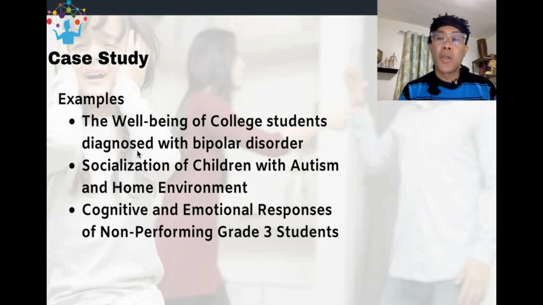By creating a case study for these children, you'll get a better view of how things are happening for non-performing grade 3 students. There might be something deeper happening with the cognitive aspect, or something happening with the emotional responses, or there might be other variables impacting the cognitive aspect, or other variables impacting emotional responses.